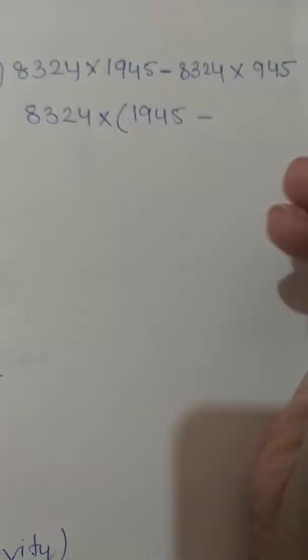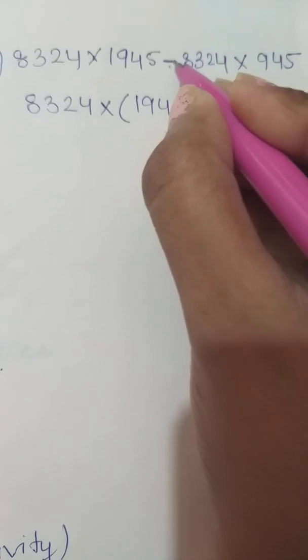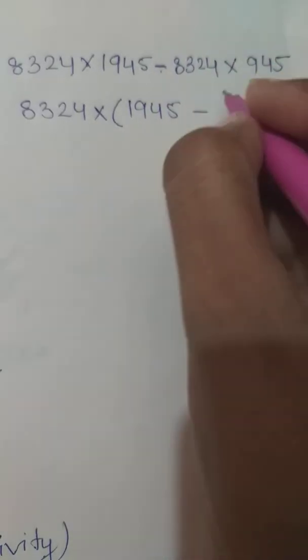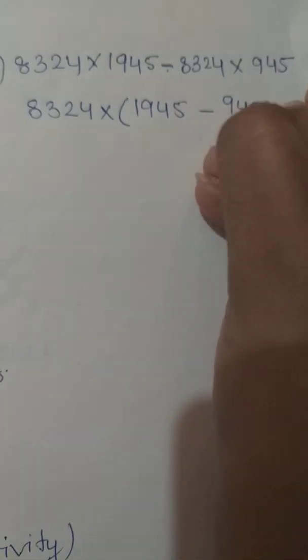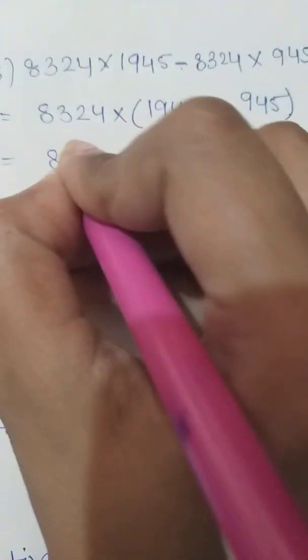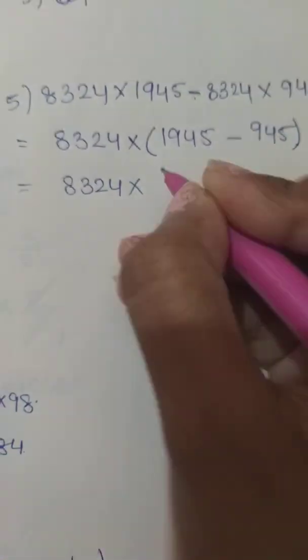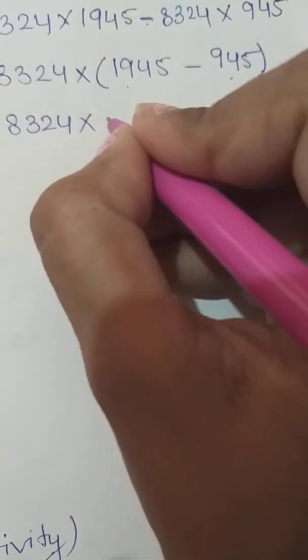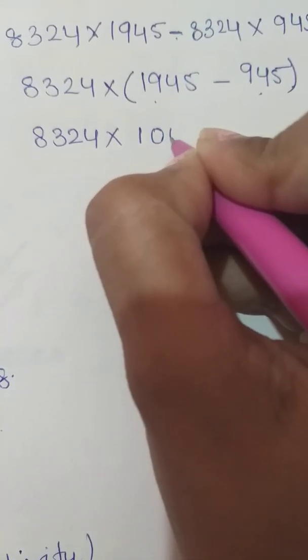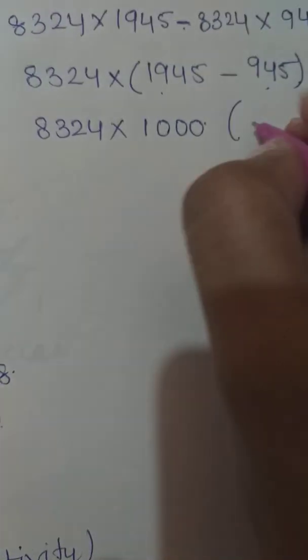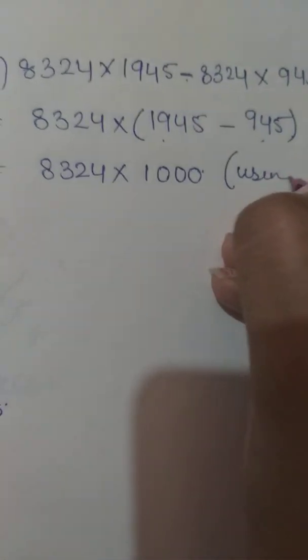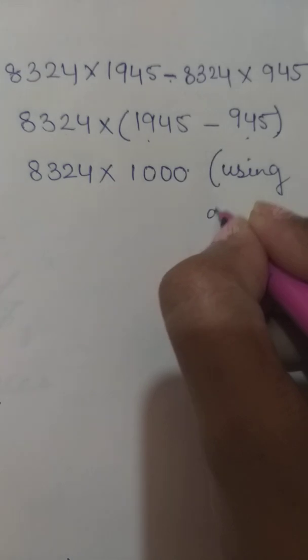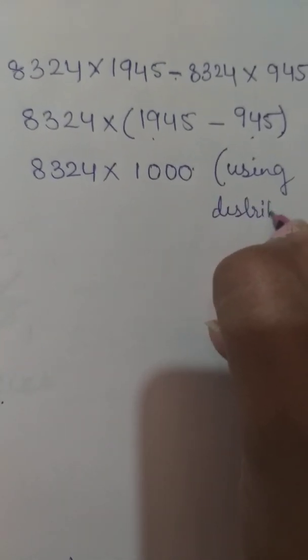Here in between I have to put the minus sign according to the sign given in the question, and then 945. Here 8324 multiplied by 1945 minus 945, that is 1000. Which property am I using? I'll be writing in the bracket. Yes, we are using the property of distributivity.